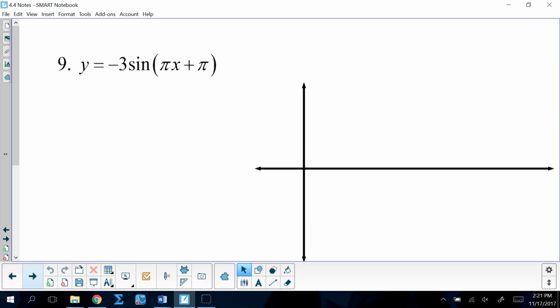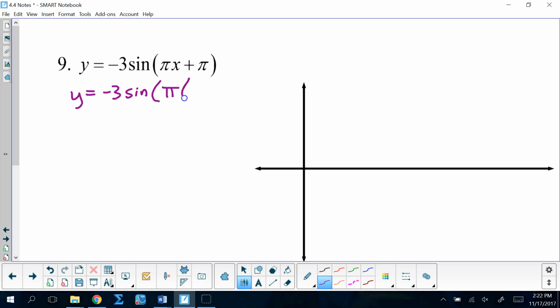First one today. Okay? -3 sine of pi x plus pi. First thing that I am going to do is I am going to factor out pi from inside the parentheses of the sine.